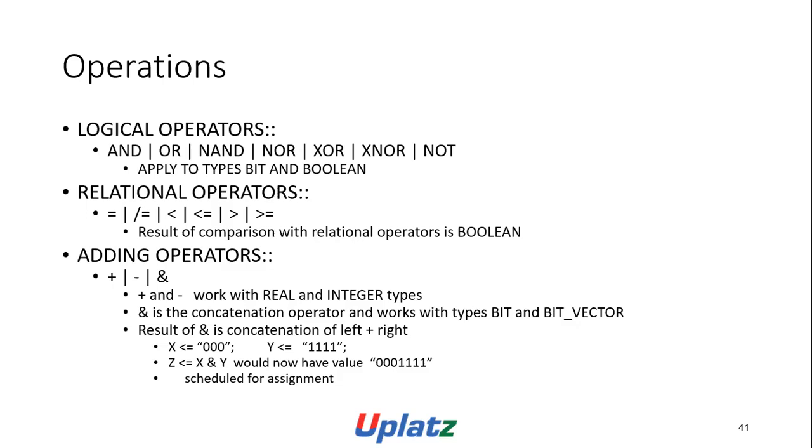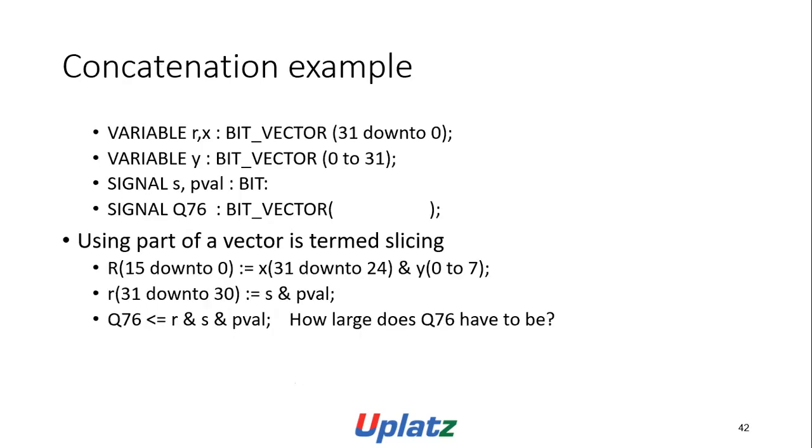Scheduled for assignment. Variable concatenation example: variables R, X bit_vector 13 down to 0, variable Y bit_vector 0 down to 13, signals S, P_val, with signal Q76 a bit_vector. Using part of the vector is termed slicing.